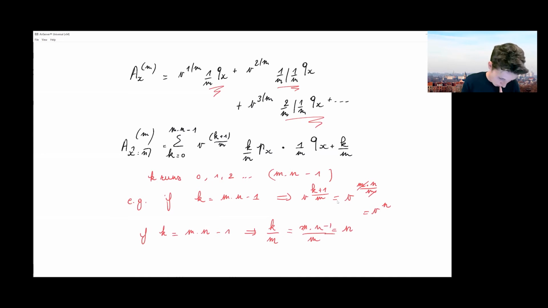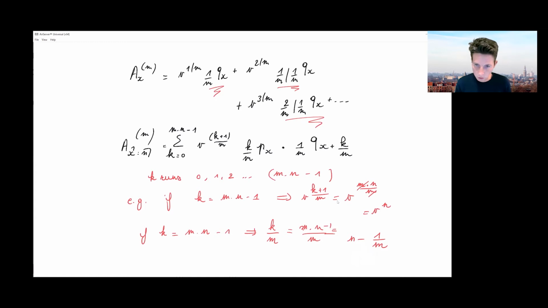So that is equal to n minus 1 over m. And that's exactly what I would need if I'm looking, for example, at this survival probability. So if k is equal to m multiplied with n minus 1, and I look at k divided by m, then I'm surviving for another n minus 1 over m years, right?